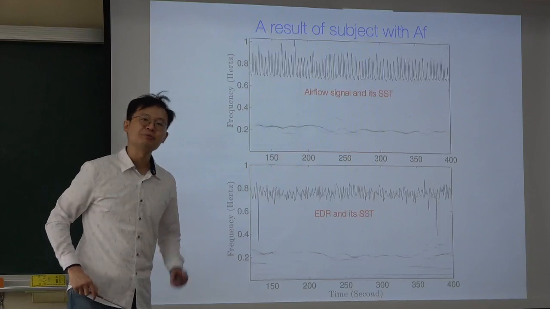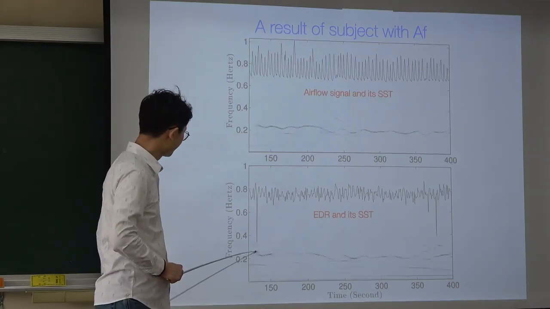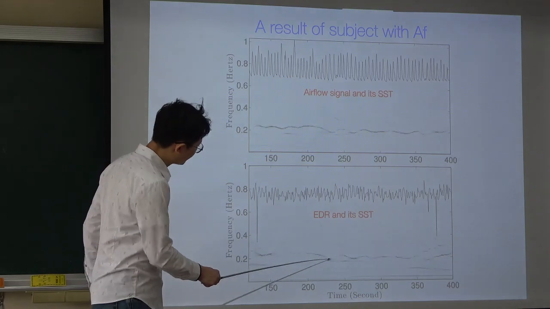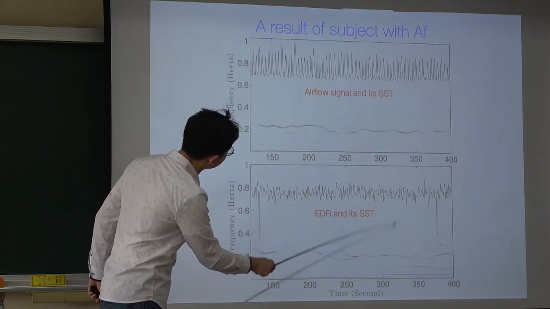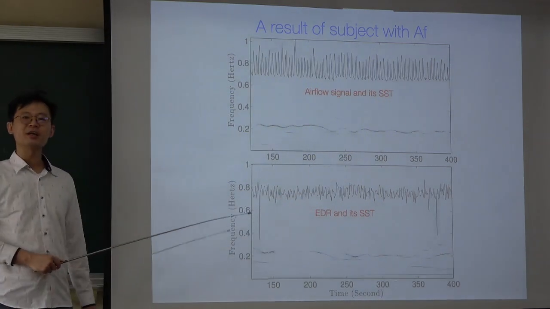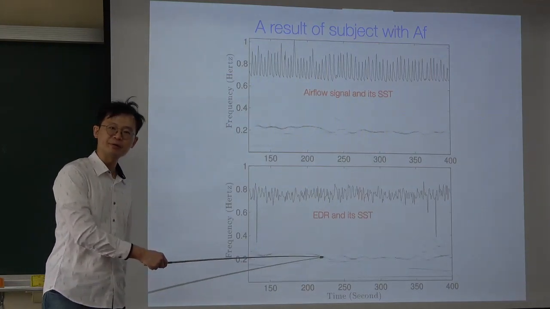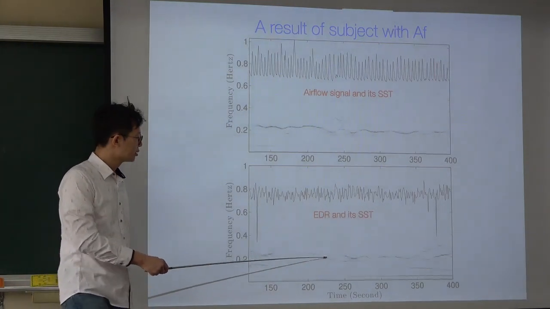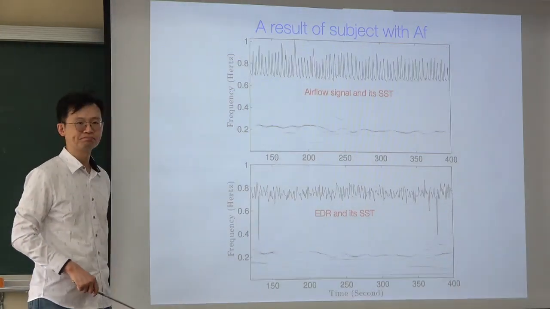But because of the robustness property of synchrosqueezing, you can see, hey, you can still get some dynamics. And it follows very well. Then starting from here, you are able to determine the instantaneous respiratory rate and use it to design some features, which I will elaborate in a bit.